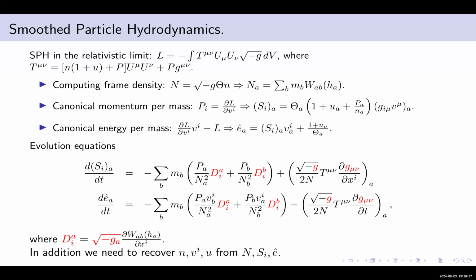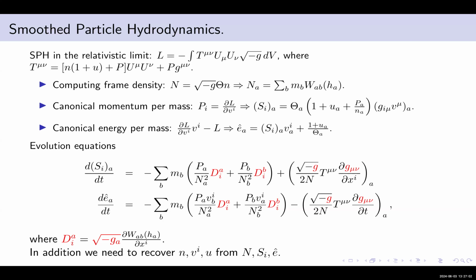But again, from that you can crank the usual methods of generating equations of motion and define the canonical momentum and canonical energy per unit mass by taking derivatives of the Lagrangian with respect to your variables.